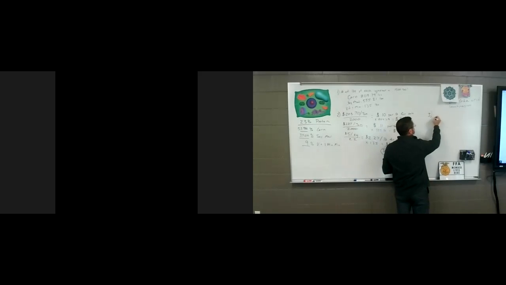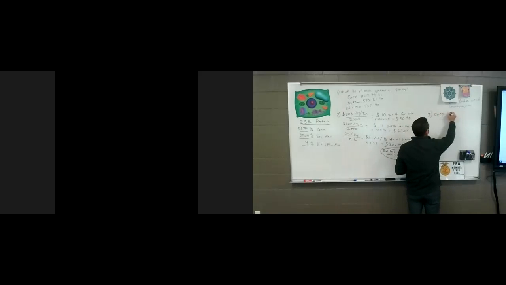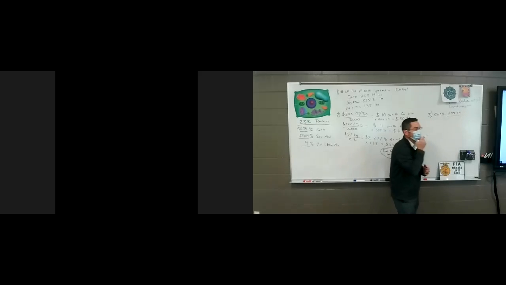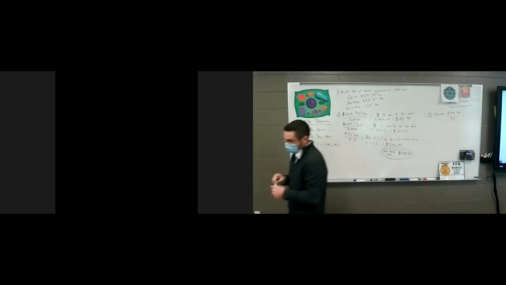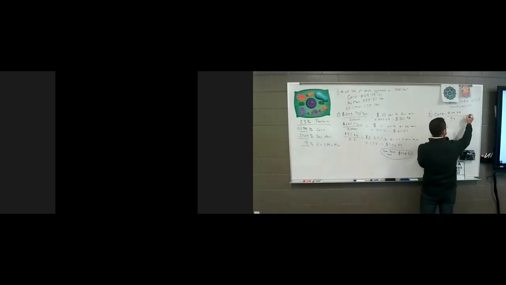For corn, we're going to divide 800 by however many pounds a bushel of corn is, which is 54, which equals 14.996 bushels of corn.